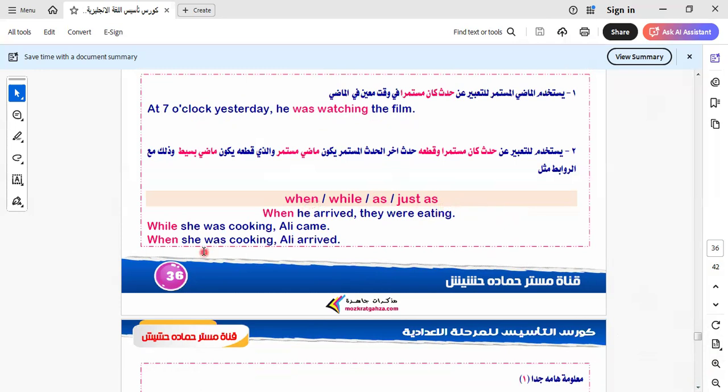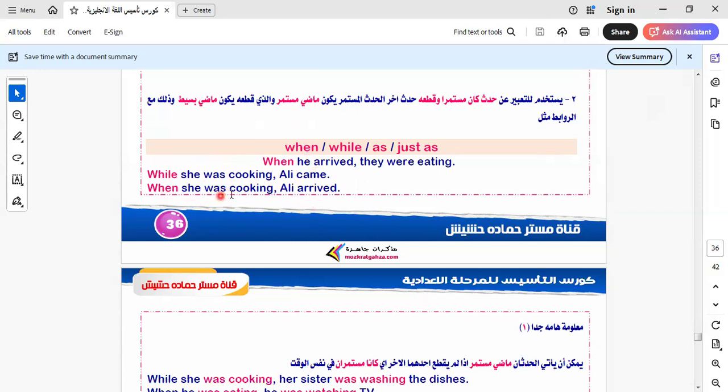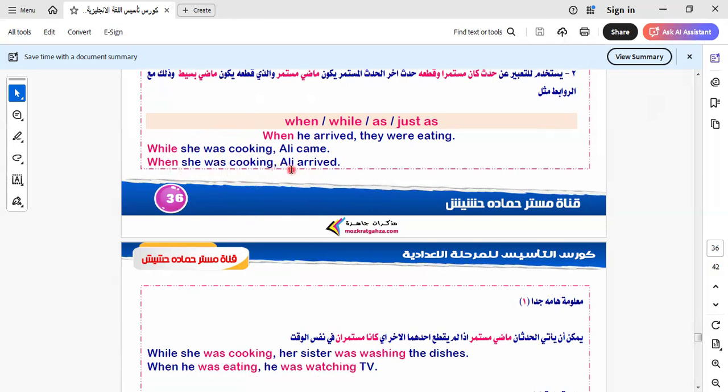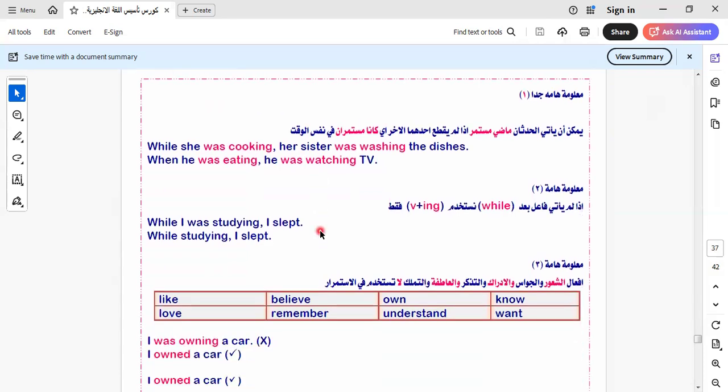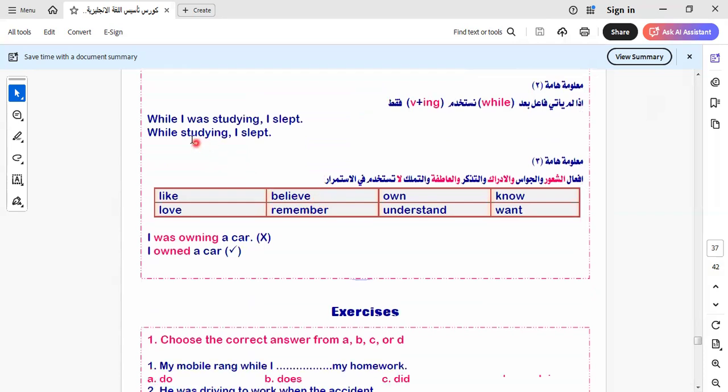When we use when, the tense that follows when must be the past simple, and the other clause is in the past continuous. After while, the tense is the past continuous, and the other clause is in the past simple. Here we have a mistake, because when must be followed by the past simple form. While I was studying, I slept. While studying, I slept. Here are the two cases of while.